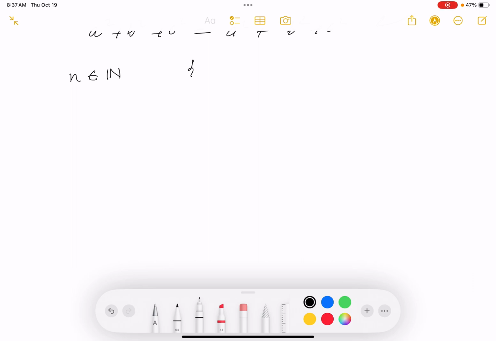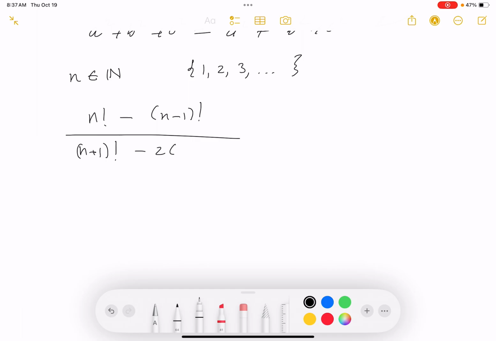So what does that mean? I'm starting at 1, going to 2, going to 3, and so on. Let's take a look at it. You've got n factorial minus n minus 1 factorial. And what do you get in the bottom? You get n plus 1 factorial minus 2 times n minus 1 factorial.